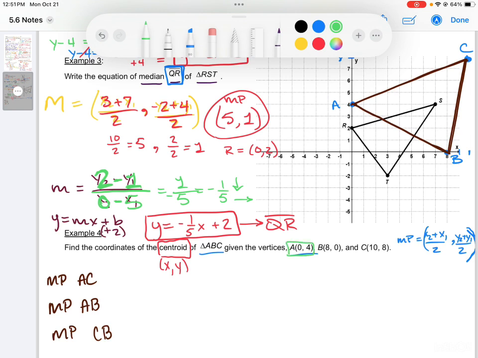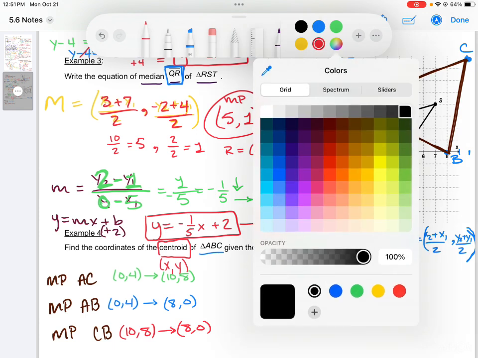What I find helps me is to just write the 2 points I'm dealing with. A is 0, 4. C is 10, 8. A is 0, 4. B is 8, 0. C is 10, 8. B is 8, 0.